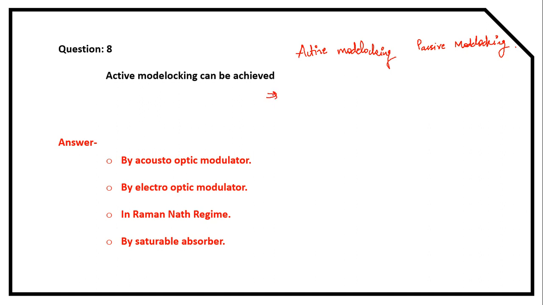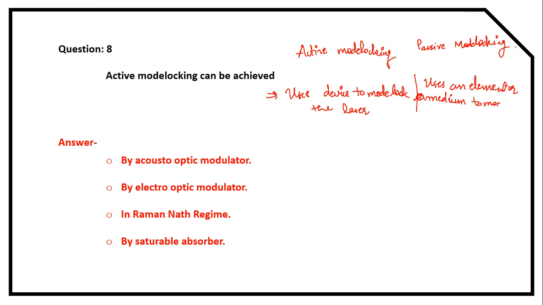Active mode locking is something which uses a device to mode lock the laser, while passive mode locking is something which uses an element or a medium to mode lock the laser.